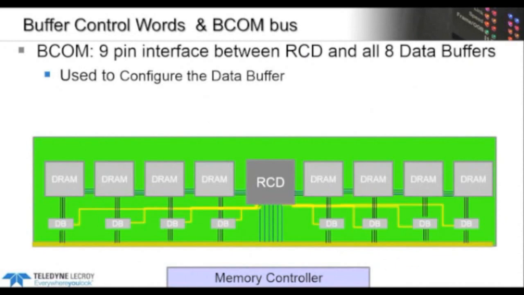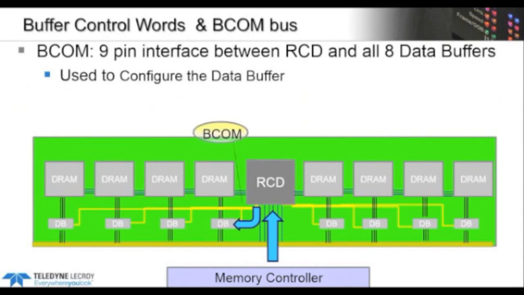All right, so the data buffers have their own set of commands, just like register commands, only they're used to customize operation of the data buffer. They flow from the memory controller through the register to the data buffer itself. Like the register commands, these look like MR7s, where the address lines are really the payload. And as Doug mentioned, the physical link between the RCD and the data buffer is called the BCOM bus.